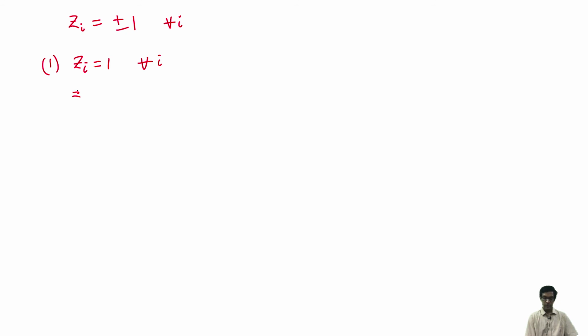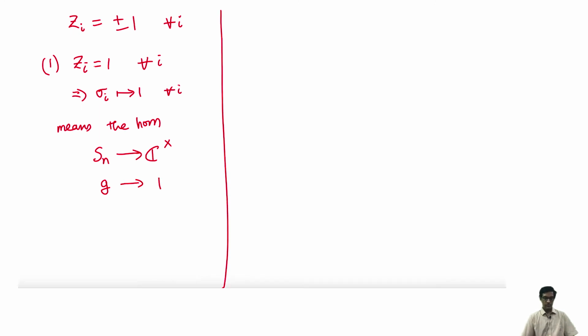This is a valid choice because sigma i maps to 1 for all i means the homomorphism from Sn to C star is just every permutation maps to 1, because I can write any permutation as a product of these simple transpositions, and if every transposition maps to 1, then every element has to map to 1.